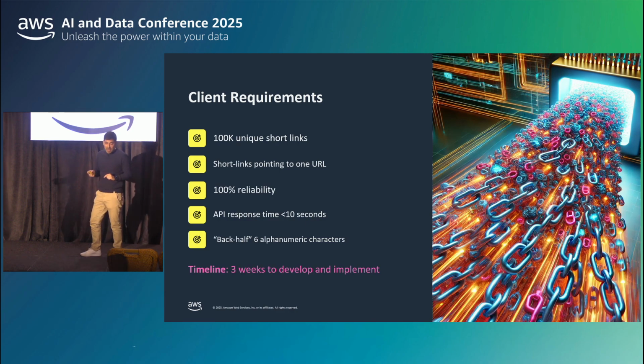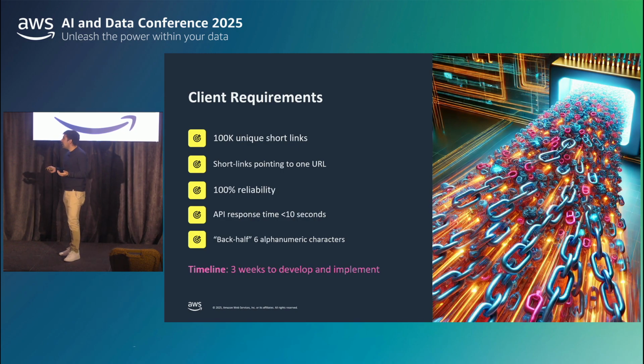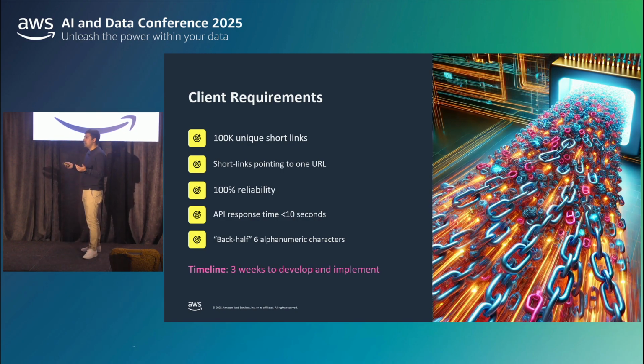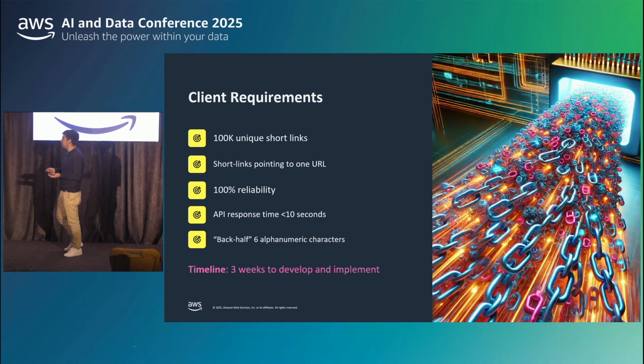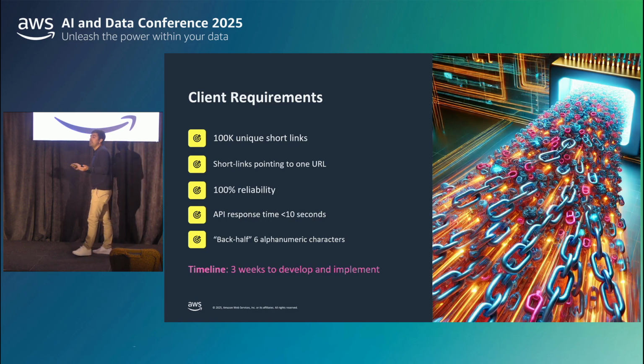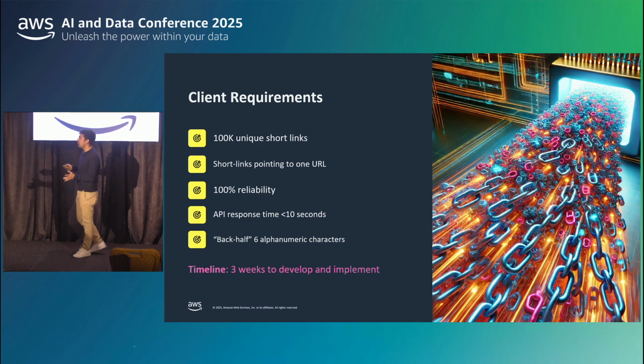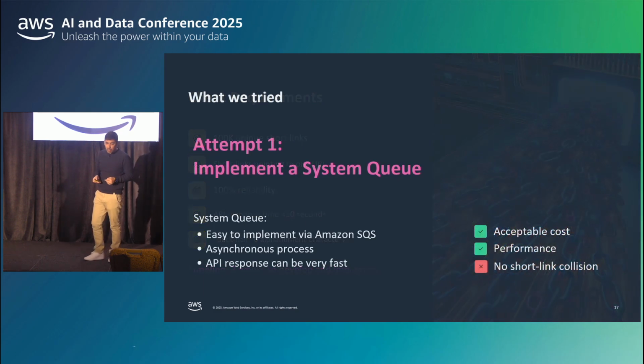The back half, I don't know if you are familiar with this concept, because we use short link as a simple way to simplify. The back half is the path in a URL. We have a constraint that you can only use 6 characters because it's an SMS, so it needs to be short. This can create some complications for us. Why?